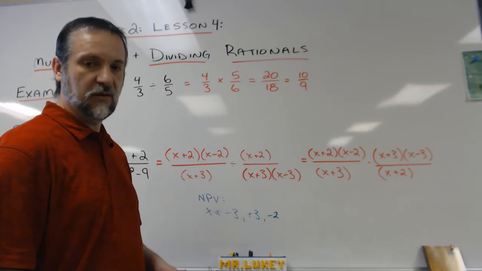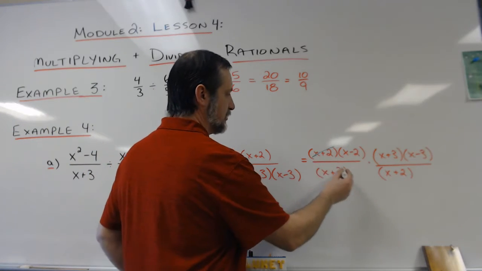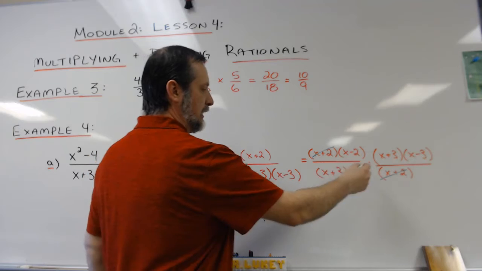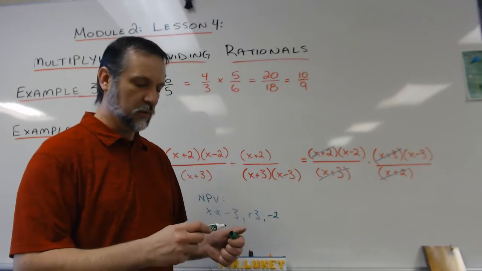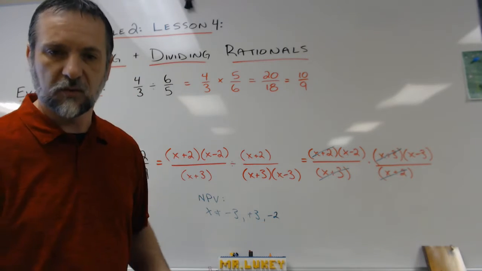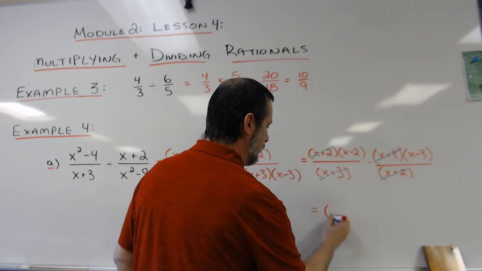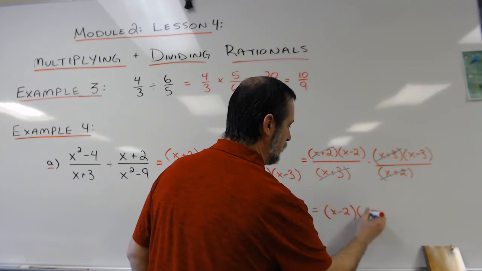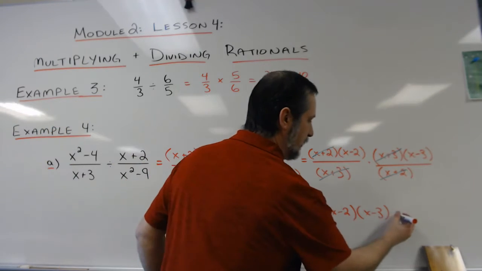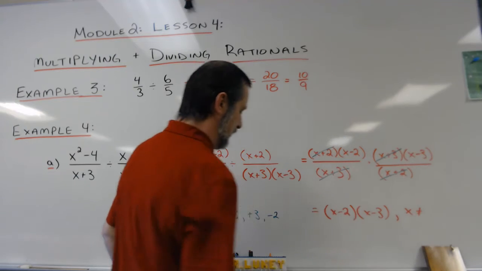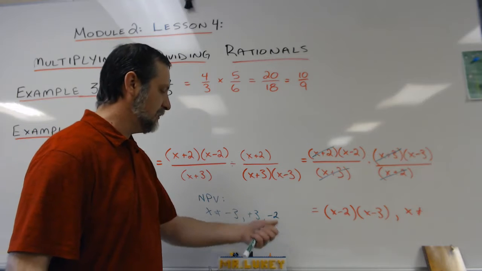All right, now that that's done, now I can start simplifying, getting rid of some stuff here. X plus 2 and x plus 2, x plus 3 and x plus 3. I've gotten rid of all my denominators, so they'll be equal to 1. So my final answer for this, and I'm going to run out of room, so I'm going to write it below, is going to become x minus 2 times x minus 3, where x cannot equal, and again, I'm going to put this in order from least to greatest, so it's going to be -3, -2, or +3.